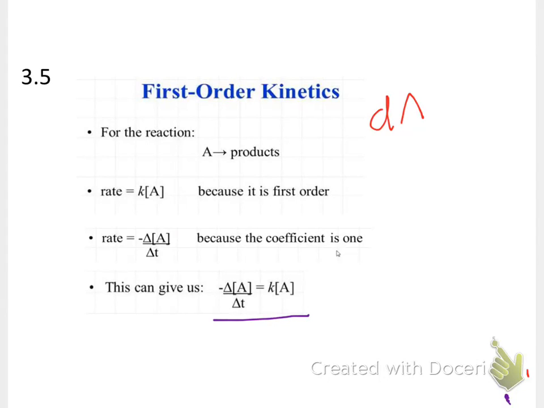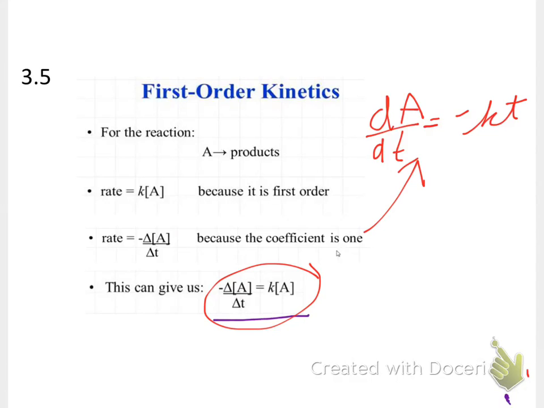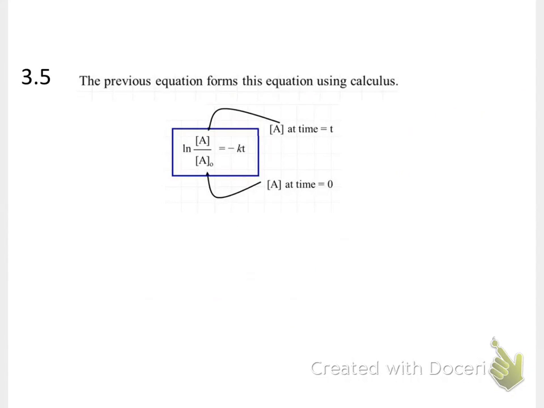It looks something like this: dA over dt equals minus kA. This is how you're probably used to looking at it, more calculus kind of terminology. And then if you apply calculus and you integrate it, you get this: the log of A over A0 equals minus kt.